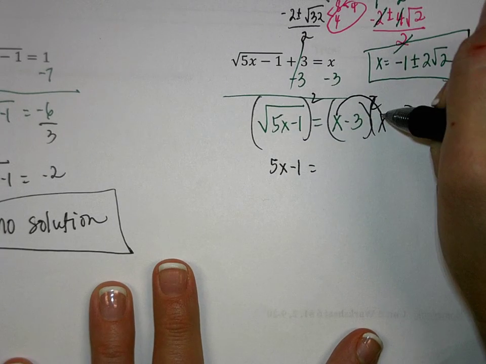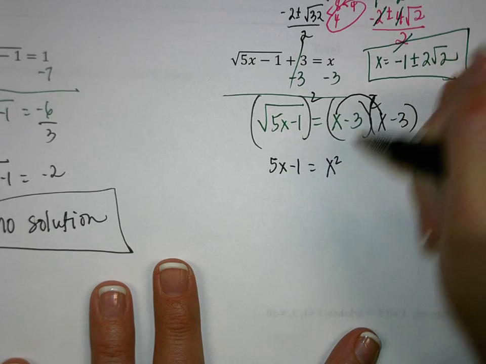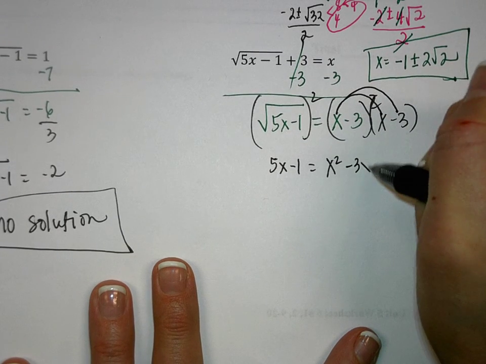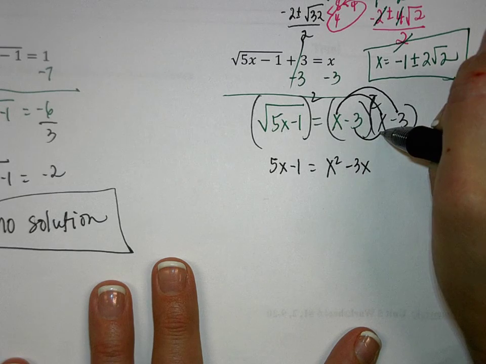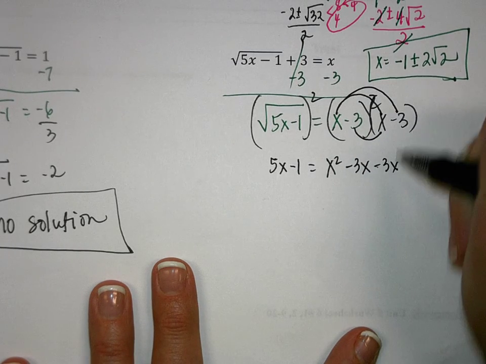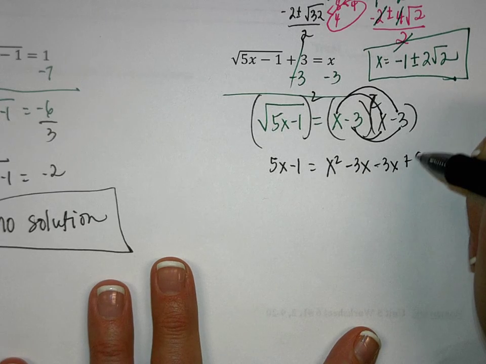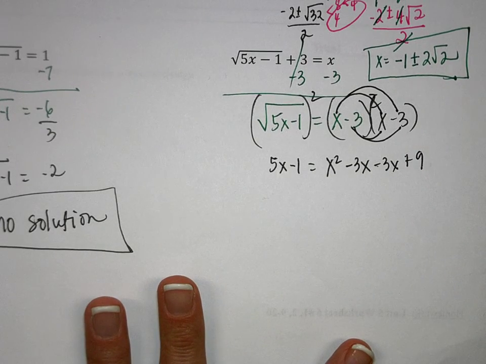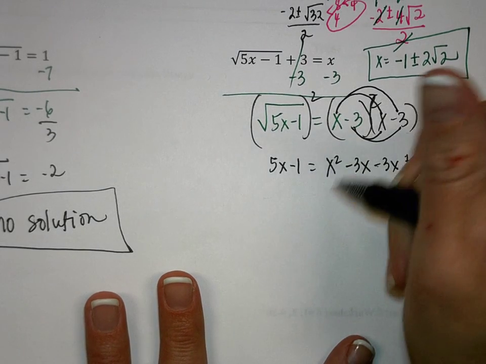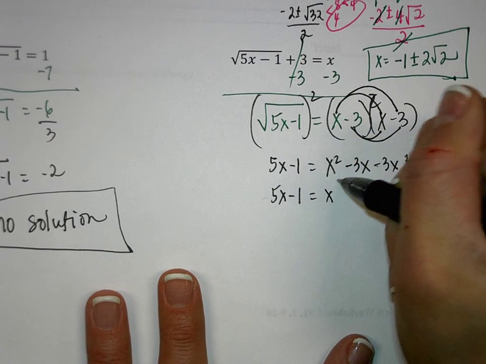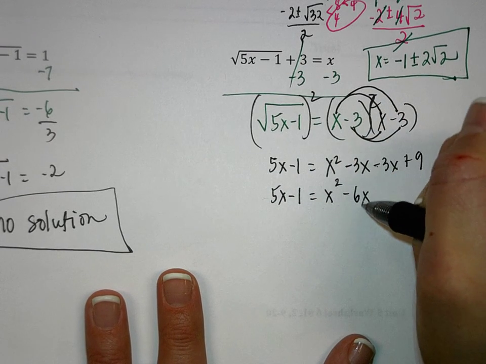X times x is x squared. X times negative 3, negative 3x. Negative 3 times x is negative 3x, and negative 3 times negative 3 makes positive 9. Good. So then we can simplify. We still have 5x minus 1 on the left, and then we get x squared minus 6x plus 9.